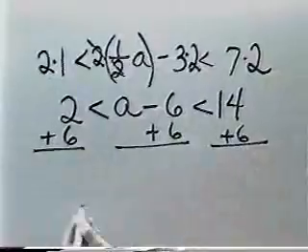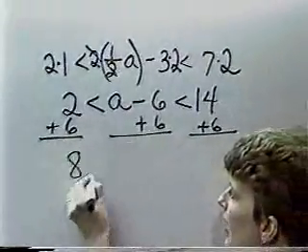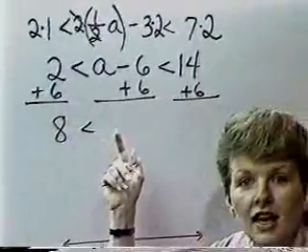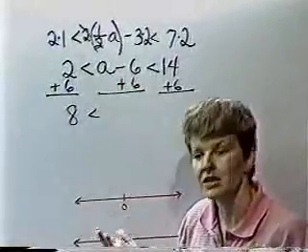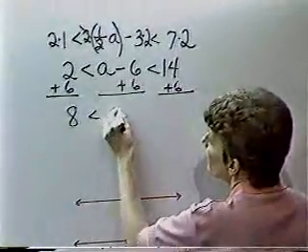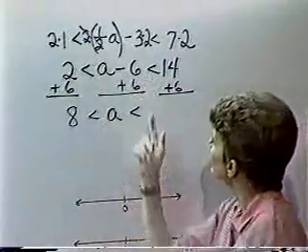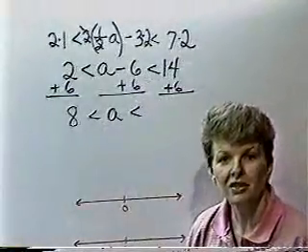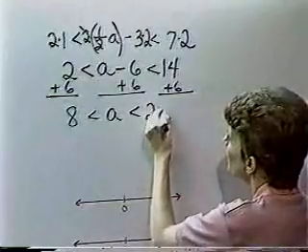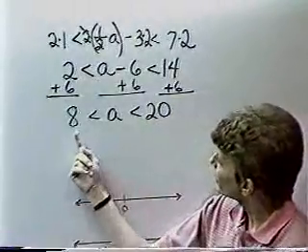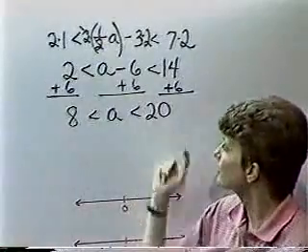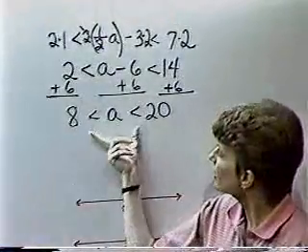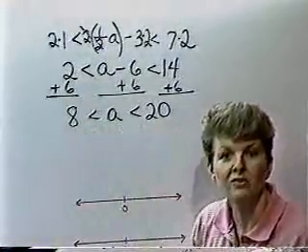Add 6. 6 plus 2 is 8, is less than a minus 6 plus 6, that would be a plus 0, or a, is less than 14 plus 6, or 20. So now I have 8 is less than a is less than 20, and this compound inequality is solved for a.